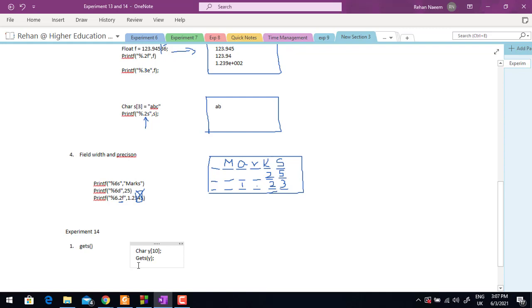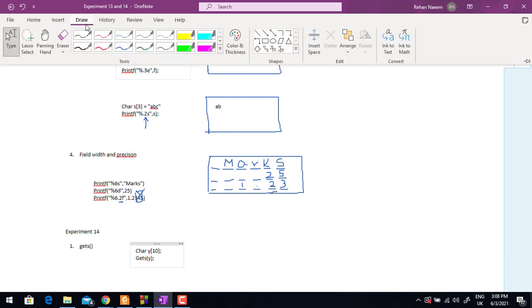So remember that the gets built-in function is used to take a string from the user. It prompts the user to enter a string, and that string can contain white spaces. So that string will be stored in array y.